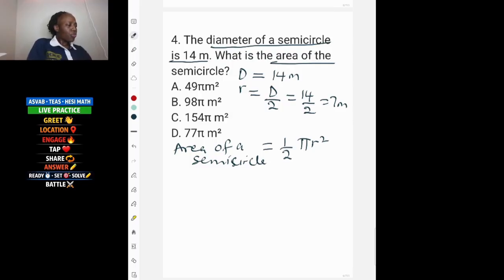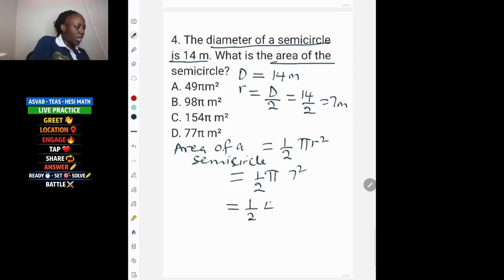Half, that's 1 over 2. Then pi, we use pi like that. So pi will be pi. Then r squared. What is r squared? R times r. R squared will be 7 squared. Don't forget, 7 squared is not 14. 7 squared, I mean 7 times 7, that will be 49. So don't forget. It will now be half of 49 pi.